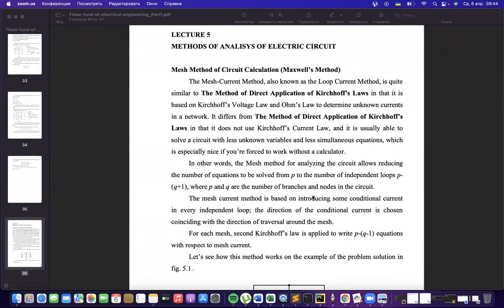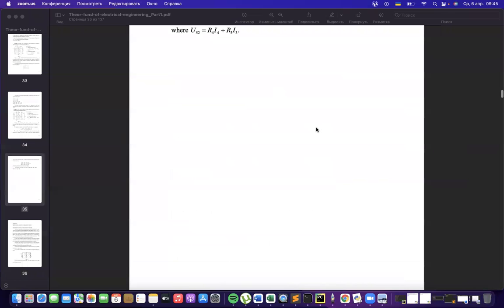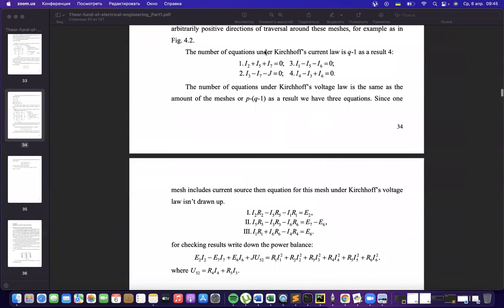And if we could simplify it, definitely we should do it. That is why the first variant of simplification is called the mesh method. We are dividing these 7 equations into 2 parts. First part about nodes, and second part about meshes.